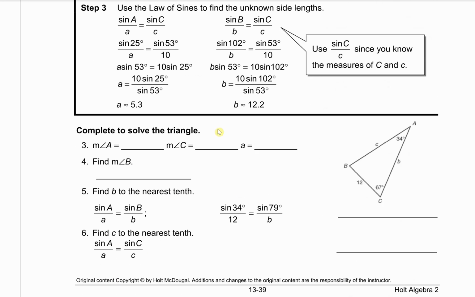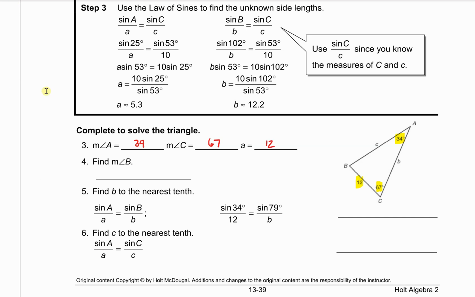So here, let's take a look at this example. So we've got this information here. I've got these three numbers. What I have is angle A is 34 degrees, angle C is 67 degrees, and side A is 12.